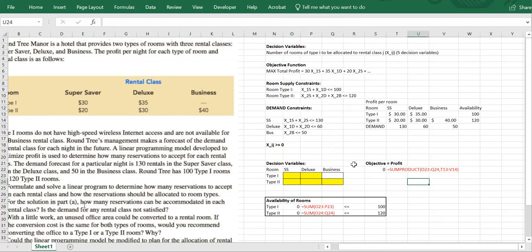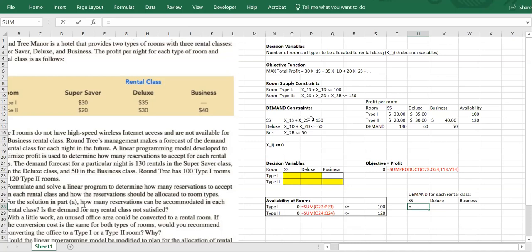All right. The second set would be about the demand for each rental class. Demand for each rental class. So for Super Saver, we just said here, the demand constraints.